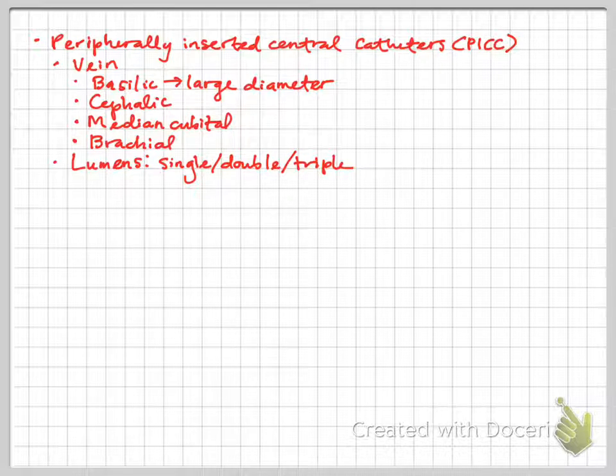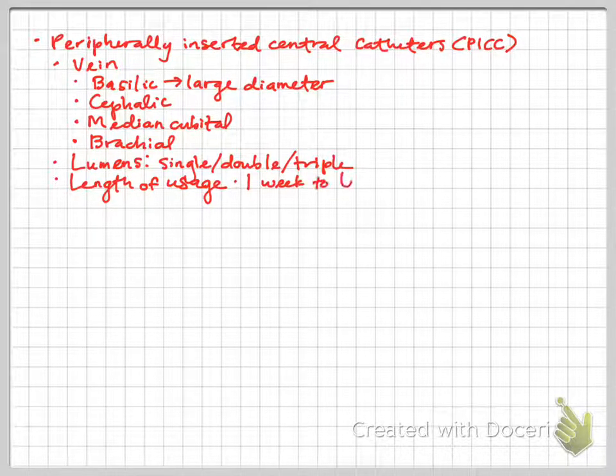Length of usage. It's typically for patients who need vascular access for 1 week to 6 months. So like I said, because this is so invasive, you're not going to want to have a patient who comes into the ER hungover and just had a crazy night of partying. A peripheral IV and infusing just a bag of fluid would maybe be fine for that.